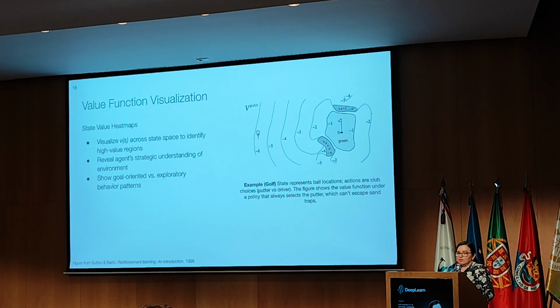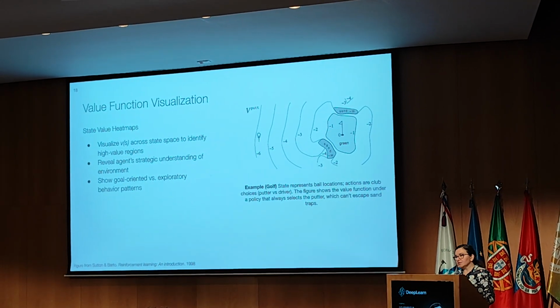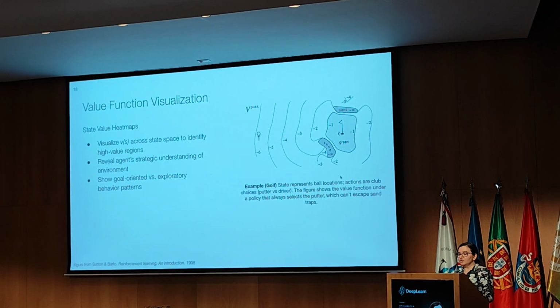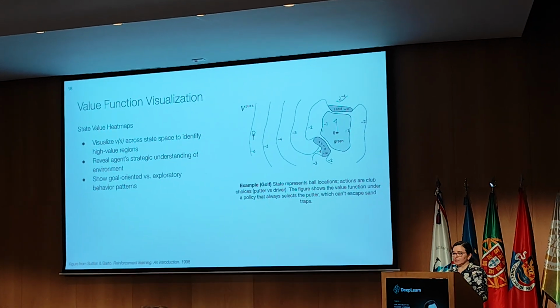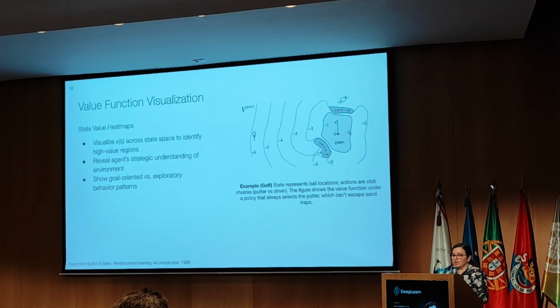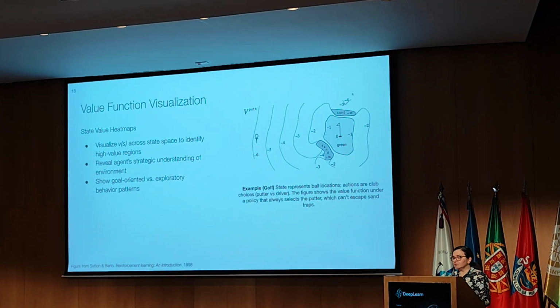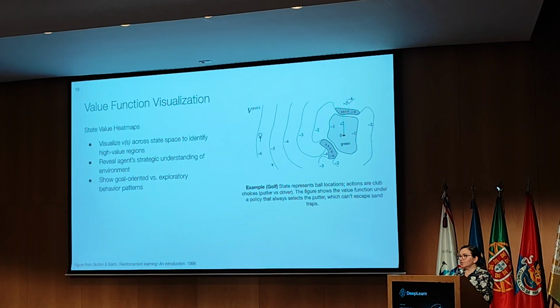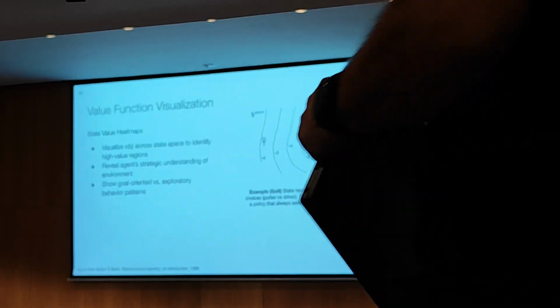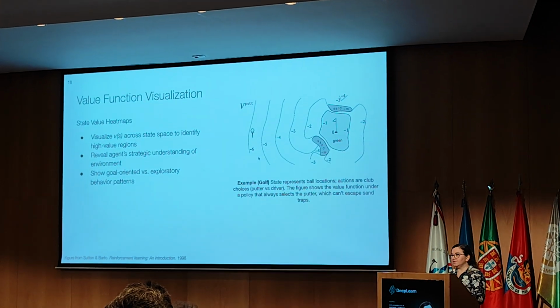The first type of visualization is if you create heat maps. Heat maps are usually shown like this. Imagine you have a grid, and you're in a good scenario where every time you take one step closer towards your goal, the boundary of values is pretty clear.